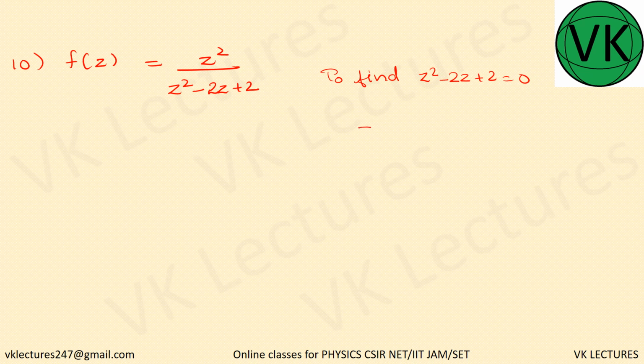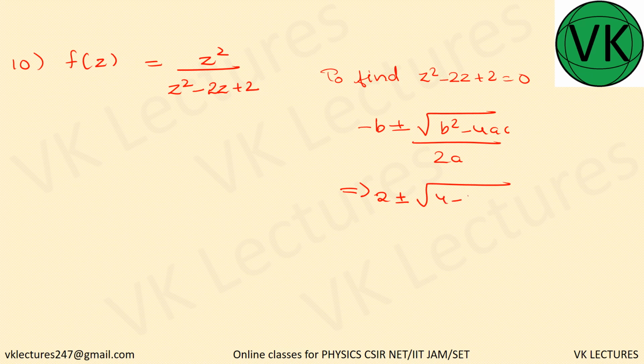Using the formula, minus b plus or minus root of b square minus 4ac, divided by 2a, we get 2 plus or minus root of 4 minus 4 into 1 into 2, divided by 2.